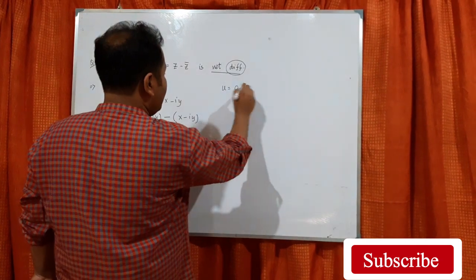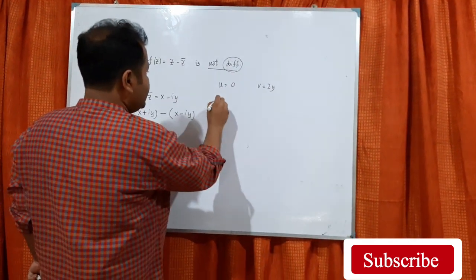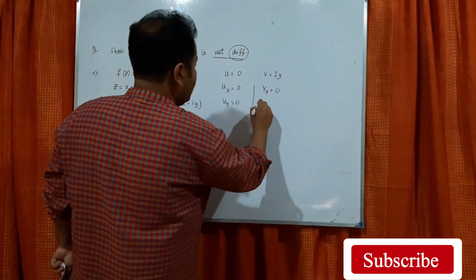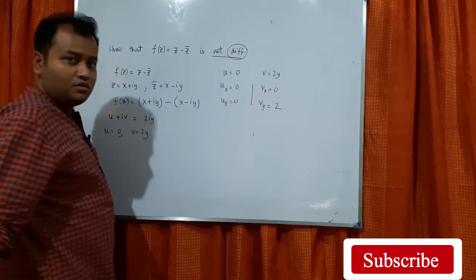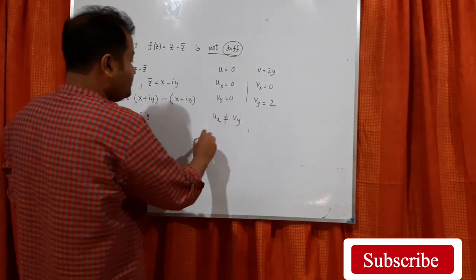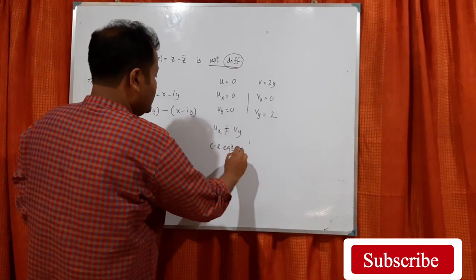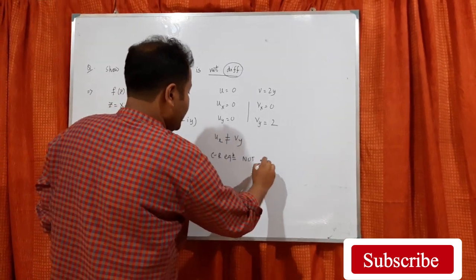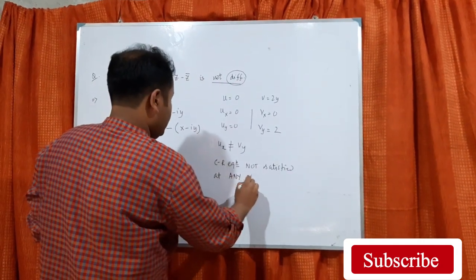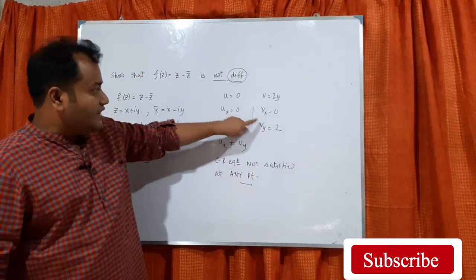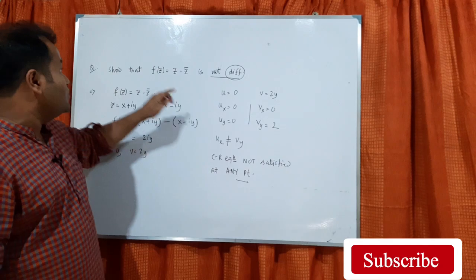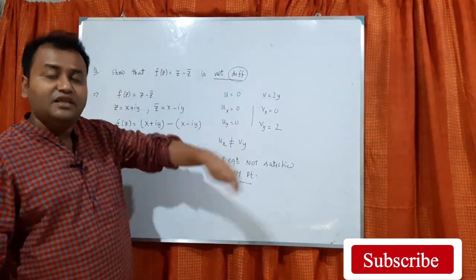Now ux is 0, uy 0, vx 0, vy 2. So you see ux is not equal to vy. So CR equation is not satisfied at any point, because 0 will never be equal to 2, whatever may be the point. So this function is not differentiable at any point.